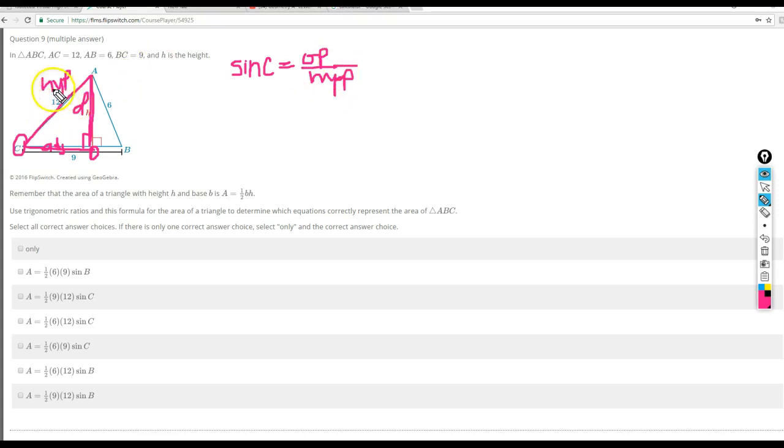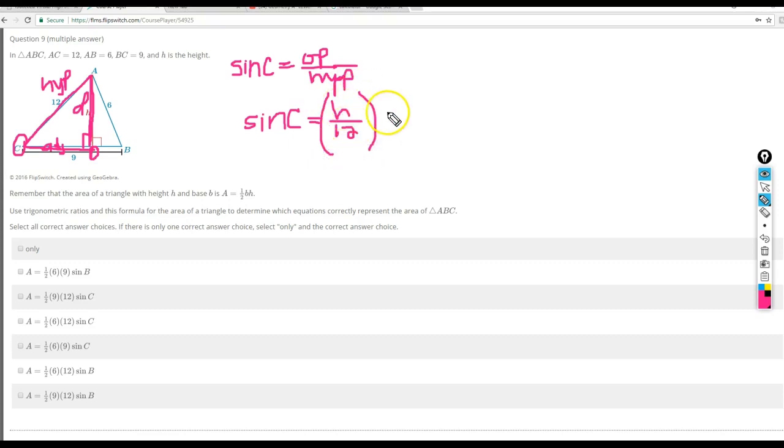And we do know our hypotenuse total side length, and h is our height, so I'm going to use sine of our reference angle. So sine of our angle is equal to our height over our hypotenuse. Since I want a different representation for height, another label to give it, I'm going to solve for h, to find its equivalent statement.